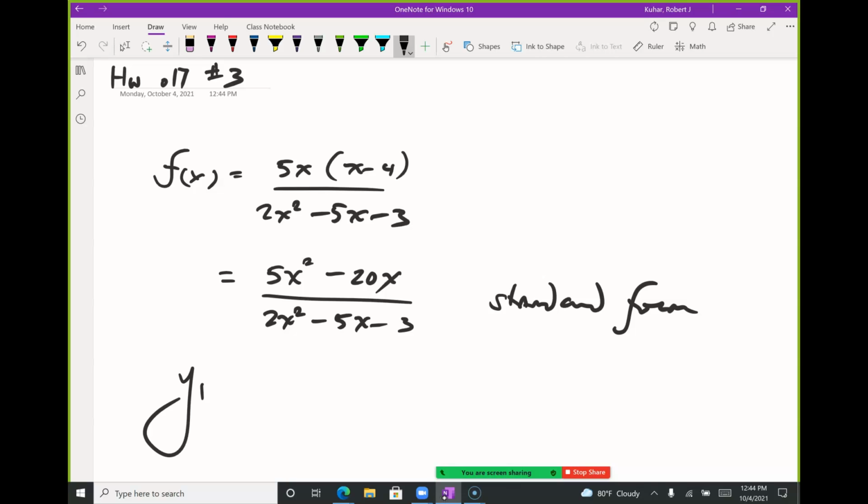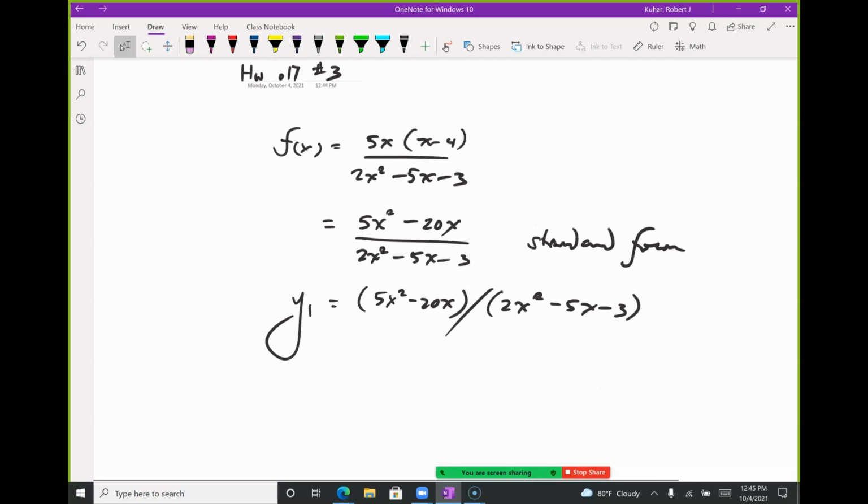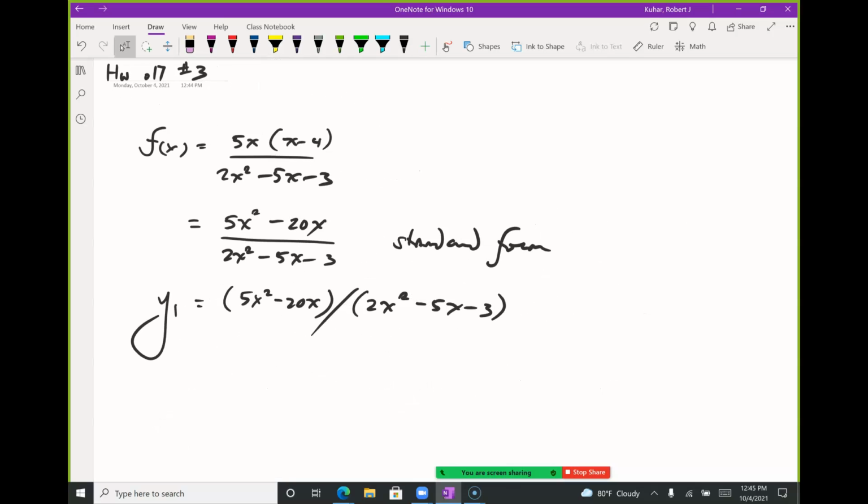If I'm going to my calculator, I'm going y1 equals parenthesis, right? Numerator divided by parentheses denominator. If you don't do that, you're going to have some strange results. I want them both factored, right? I want to get that factored form and see if I can reduce anything.